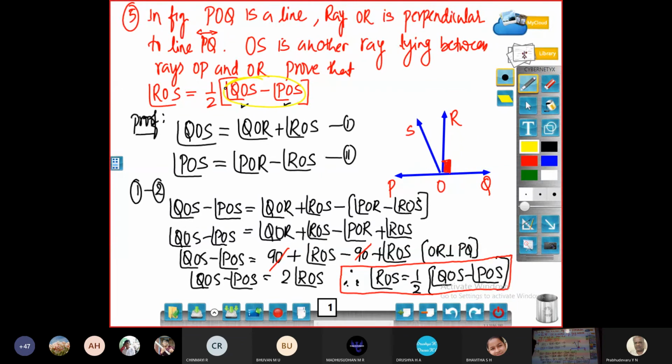Looking at this question, we have subtracted 1 minus 2 because we want QOS minus POS. Once you subtract here, there are two angles which get cancelled because both are equal to 90 degrees. So the remaining thing will give you the final answer.